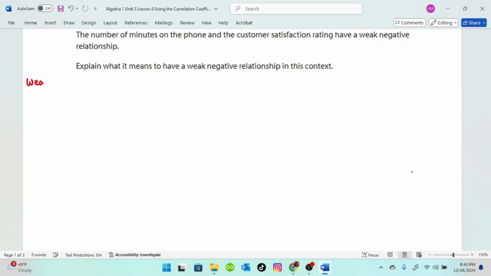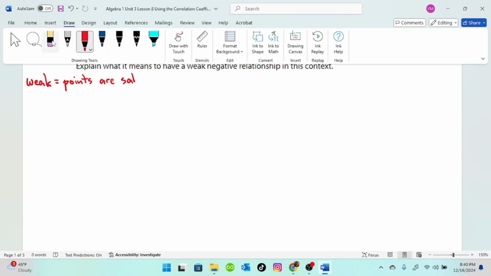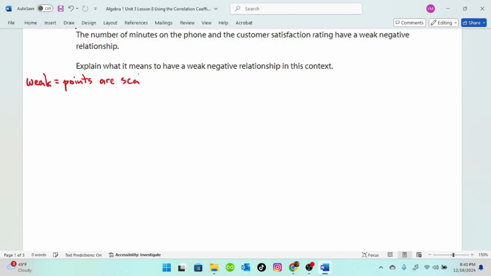So first, let's explain that a weak relationship means points are scattered and not modeled well by a linear model.